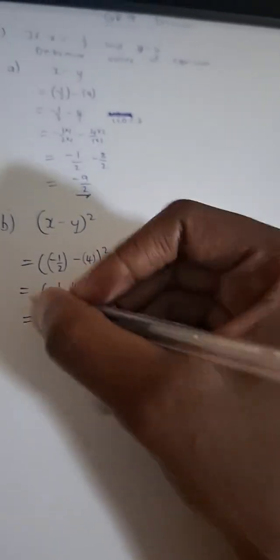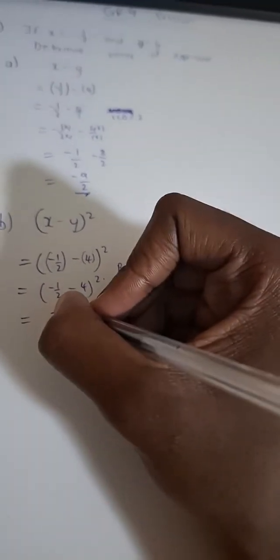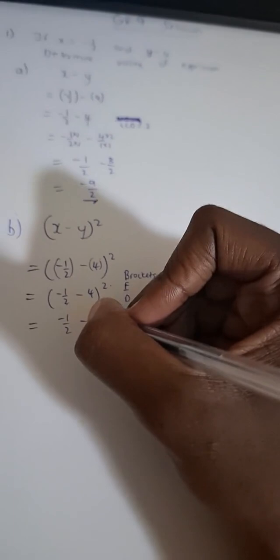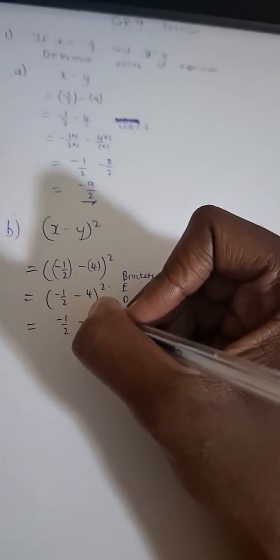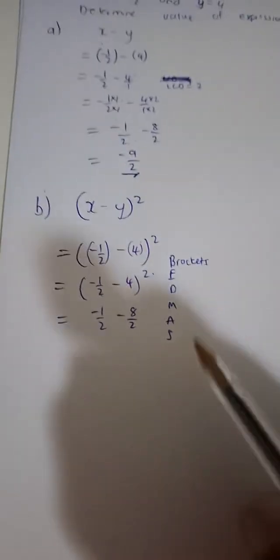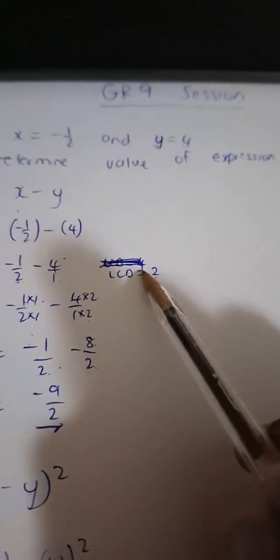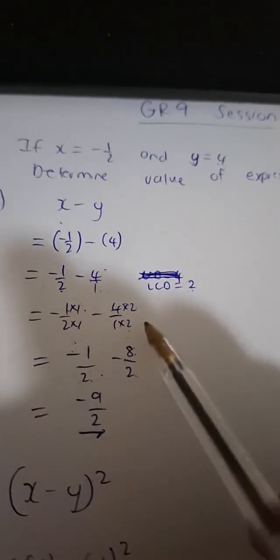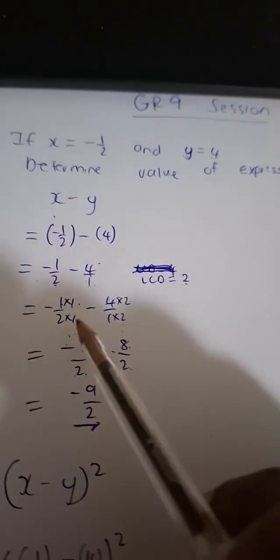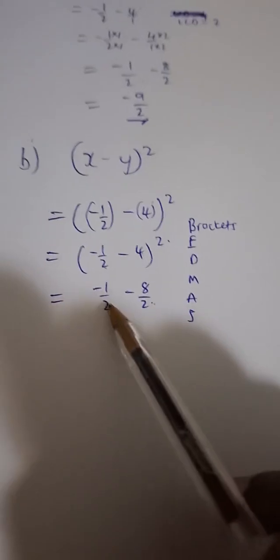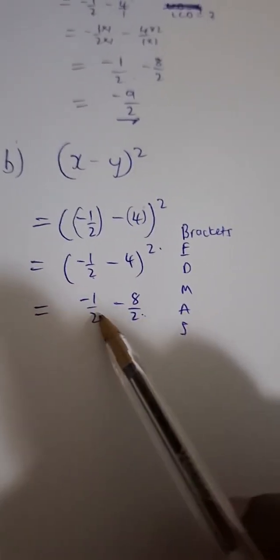So obviously the subtraction of the fraction will mean we have minus 1 over 2, and here we have minus 8 over 2. Remember, where does this minus 8 over 2 come from? It comes from the fact that our LCD between 2 and 1 is 2. And then we want to make sure that our denominator is like the 2.